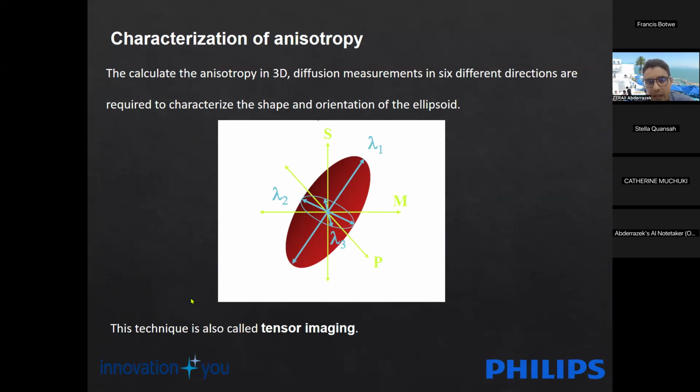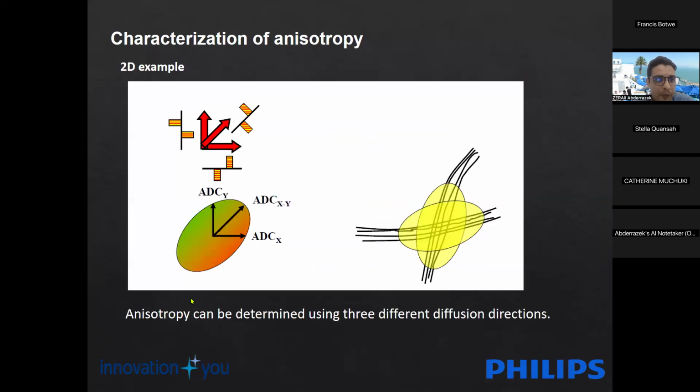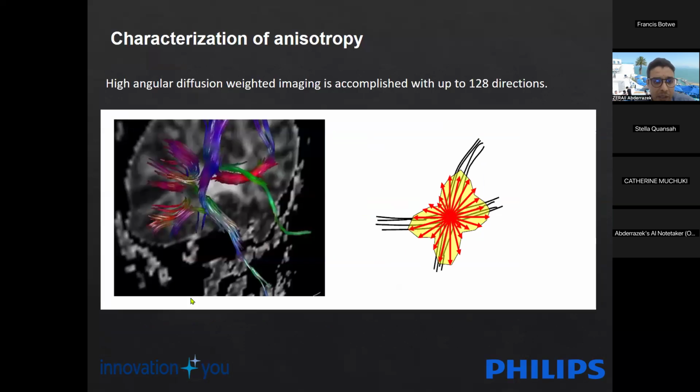This technique is called tensor imaging, which is diffusion tensor imaging. We talk about the eigenvalues, which give us the 3 directions. So this is one of the main characterizations of the anisotropy. It's only determined by using 3 different diffusion directions.